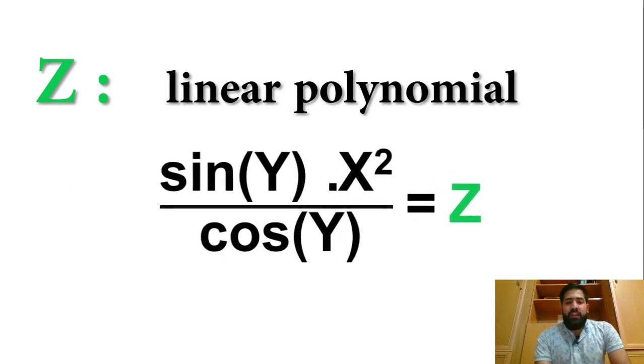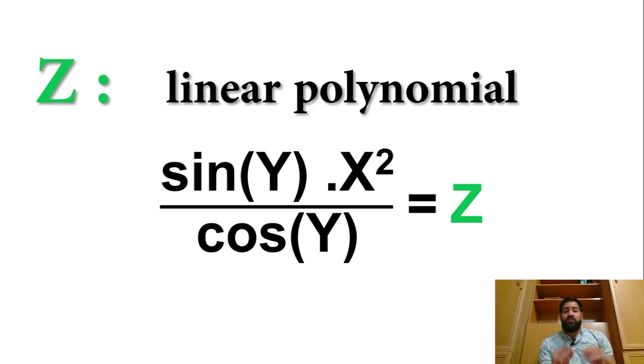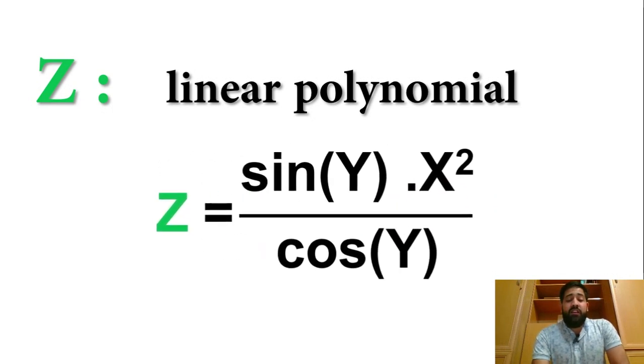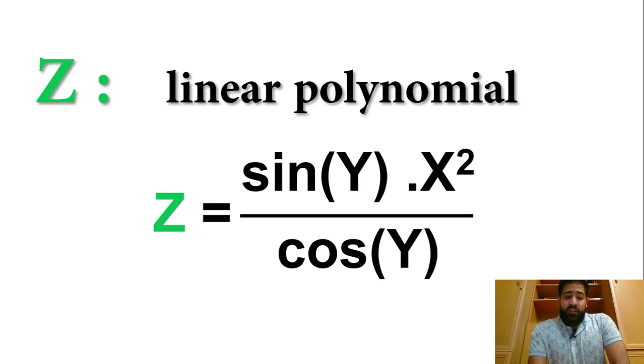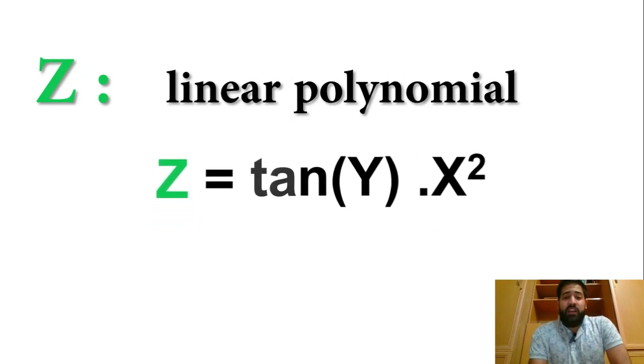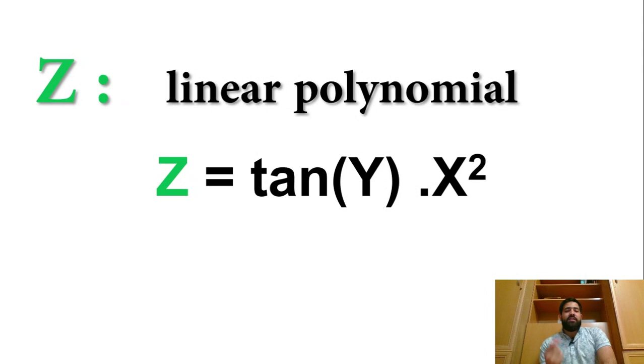So simply z is equal to sine of y times x squared divided by cosine of y, or simply tangent of y times x squared. So we get an answer for each variable as we wanted, a different answer for each different variable.